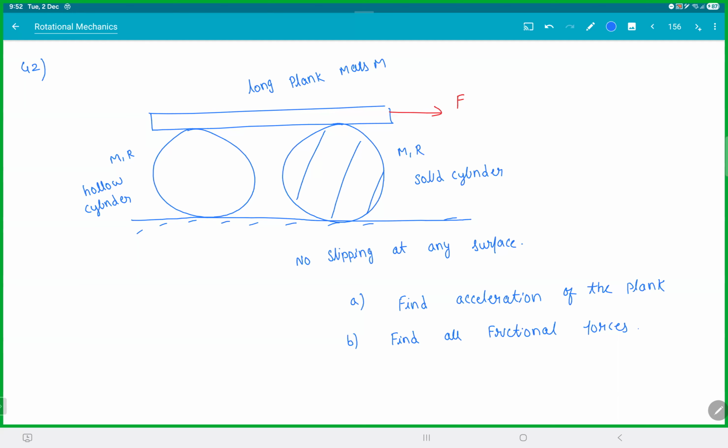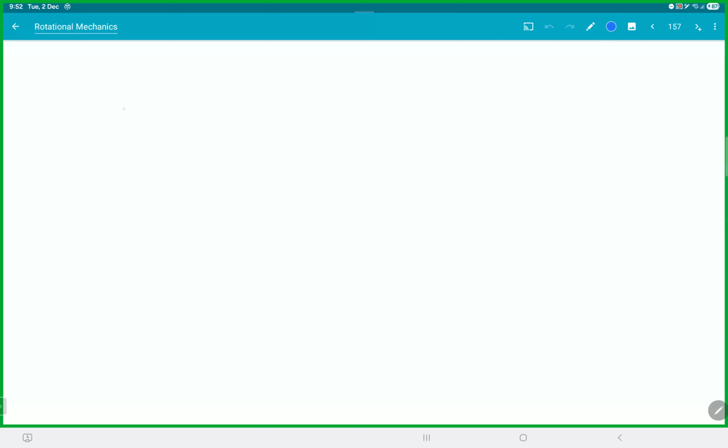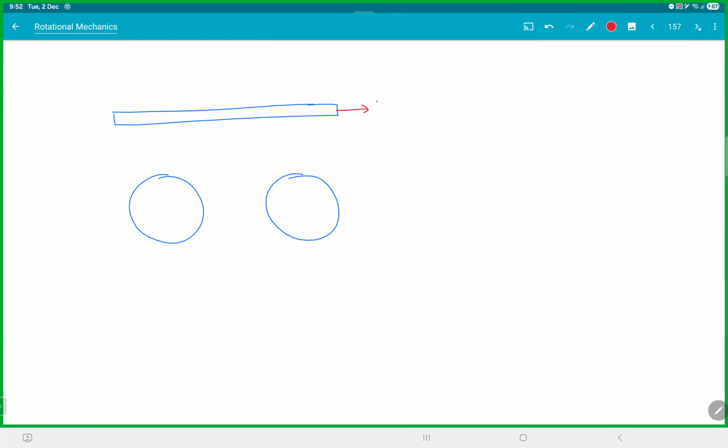Let's see the FBD, whether you got the FBD right. Force F. This friction will be F1. This friction will be F2. Frictions will be different.